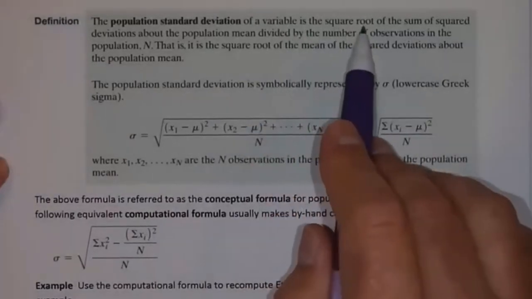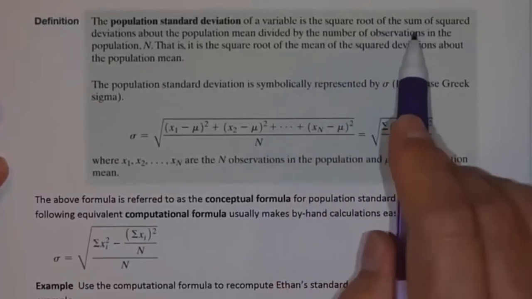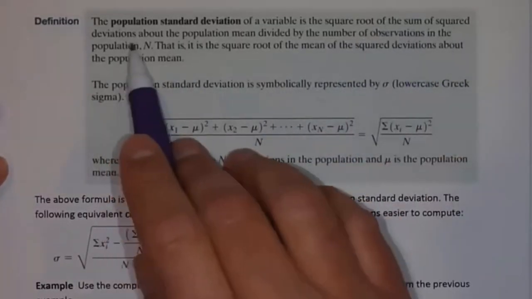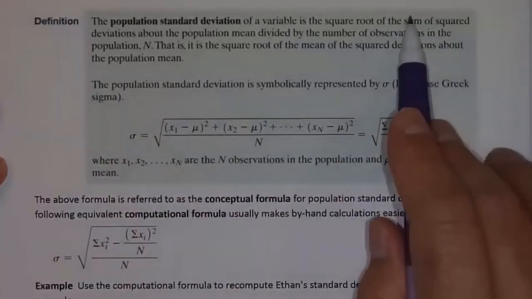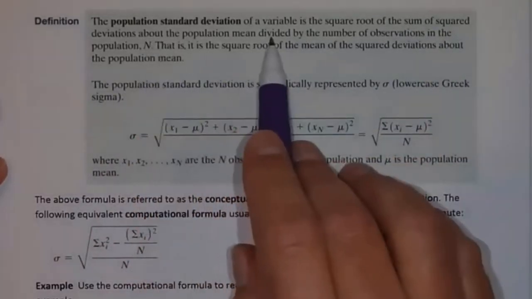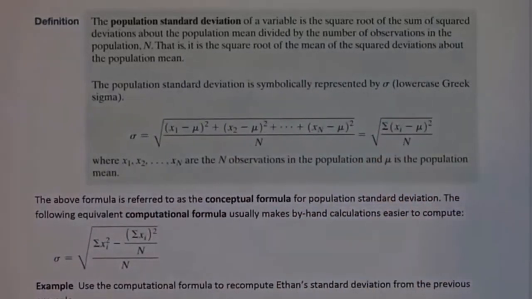So it's the square root, we're square rooting to get back to fish, of the sum of the squared deviations. So we're squaring all of the deviations and adding them up. And then we're dividing by the number of observations. In other words, we're finding the average of the squared deviations, again, because of the whole negative deal. So we're averaging the squared deviations, and then we're square rooting that to get back to regular units.